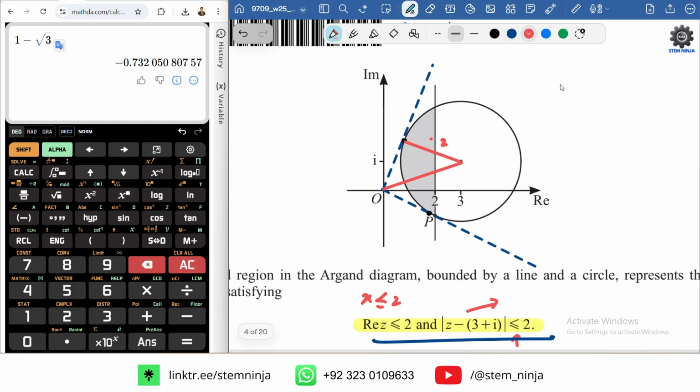We also know the distance to the center, 3 and 1. So 3² + 1² is equal to 9 + 1, 10. So square root of 10. Square root of 10. And this is your 2. And this is a right angle triangle.